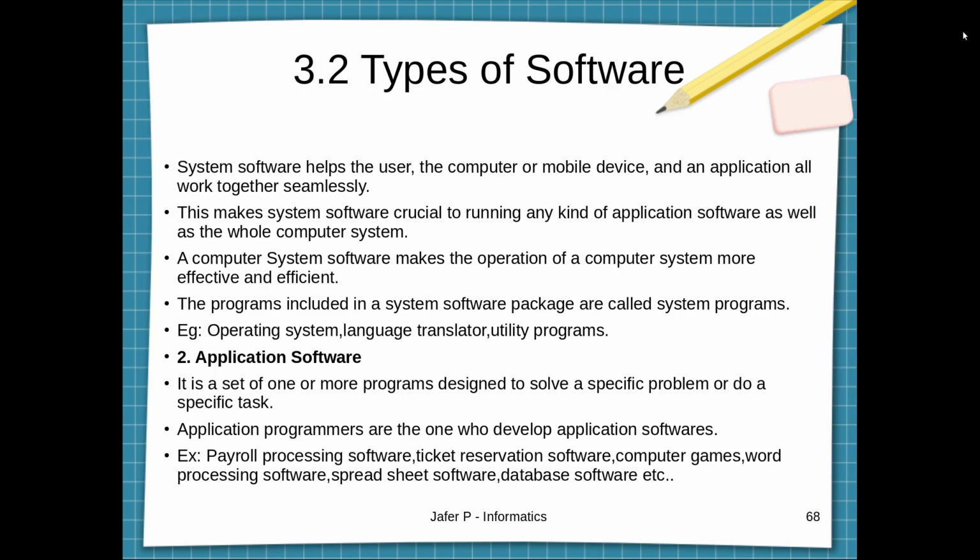You can install that in your mobile phone, right? Those kinds of softwares are called application software. In mobile phones we say apps, and in a computer system you can say it's a software. It's also an application software.